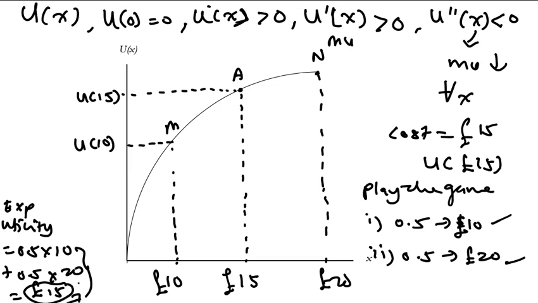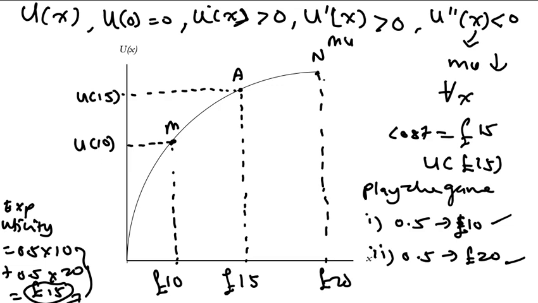The expected utility when we play the game is the average height of M and N. If we were certain that we get 10 quid, our utility is that height of M, and we don't call it expected utility.